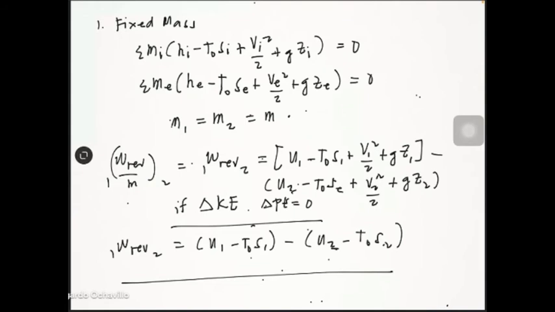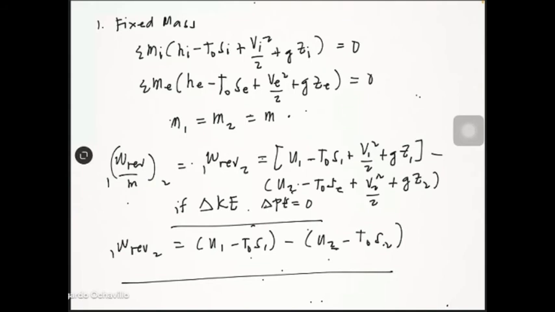Also this summation of MI TOSI is also equivalent to 0, since M1 and M2 are equal, and this is simply M. So you have here this irreversibility from point 1 to point 2, since your irreversibility is also a path function, wherein you have initial state and final state.